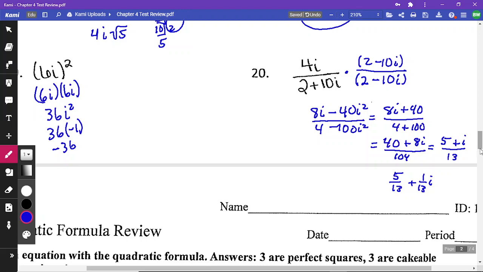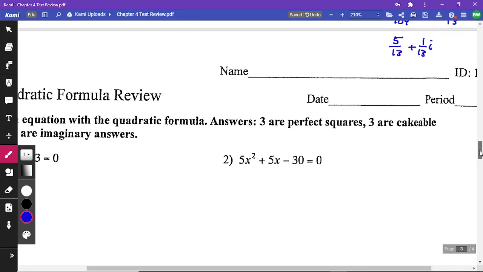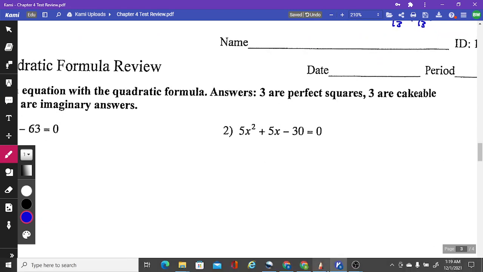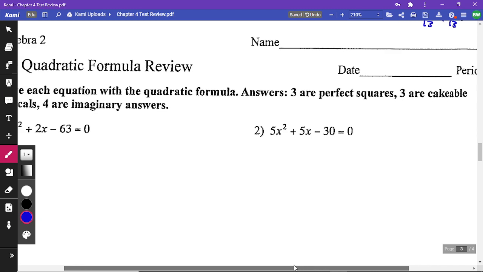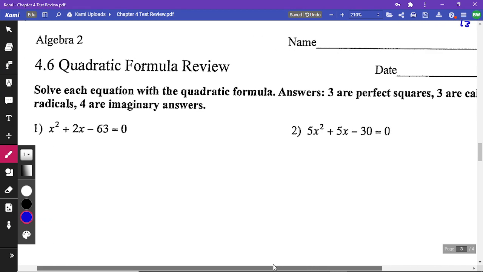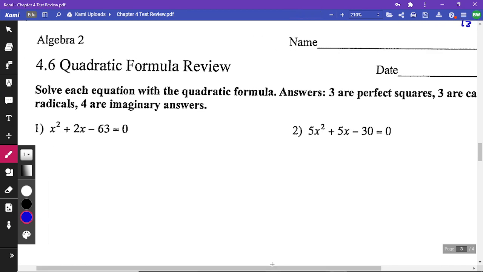So now the only thing left is the quadratic formula. This one you guys might have noticed, it's the same page used for the graded review, but I crossed out most of them. So these first two I think you did on the graded review.